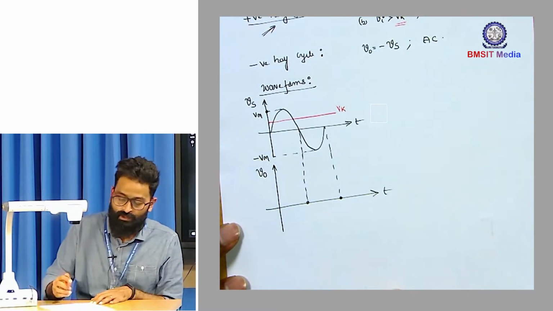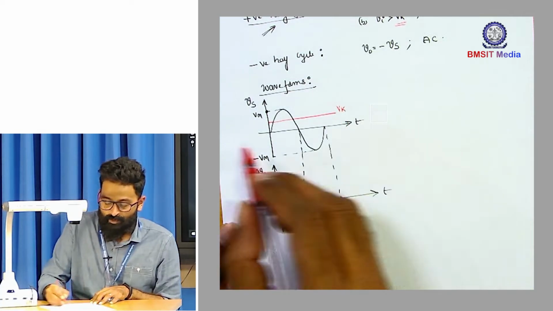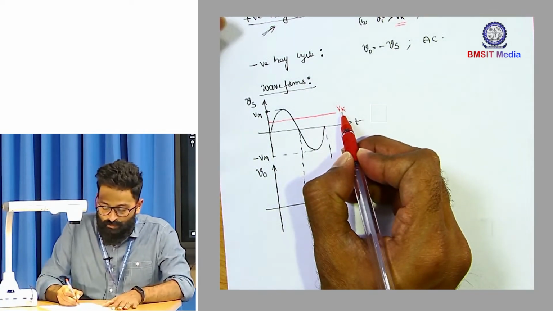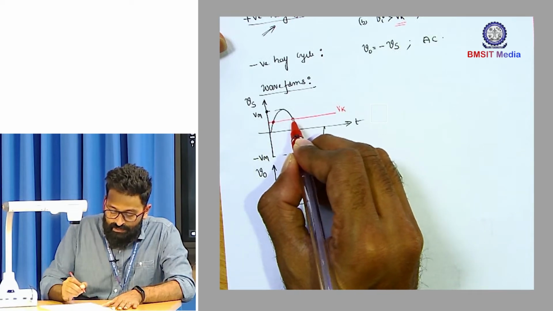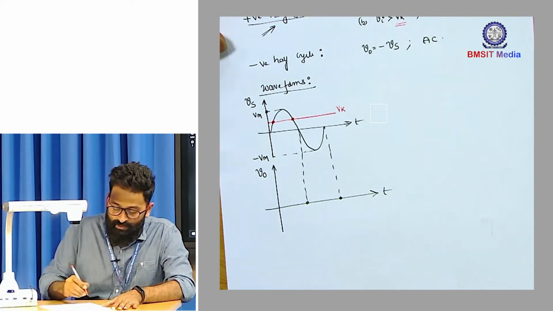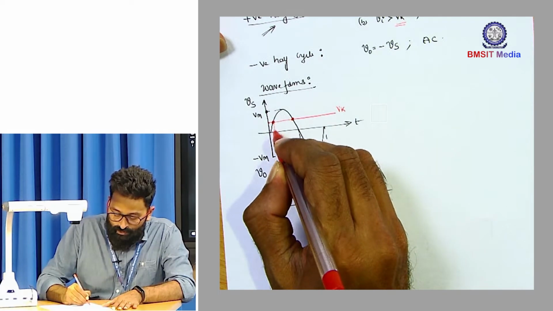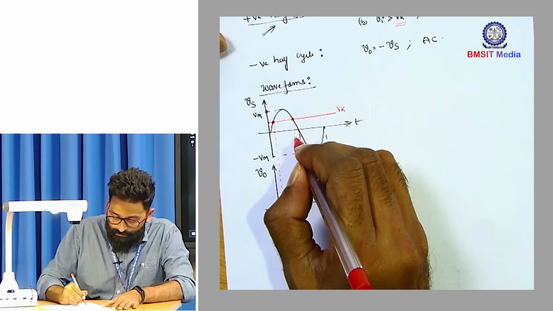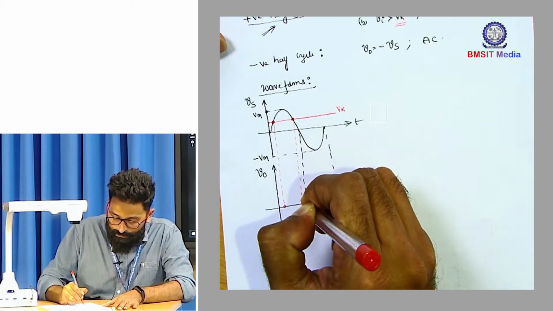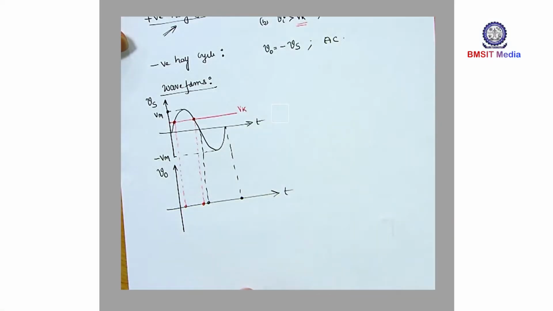Okay, so when you draw this Vk in the positive half cycle, this Vk will give some transition points, right? So draw these transition points onto the output axis as well. So what is the use of these transition points?